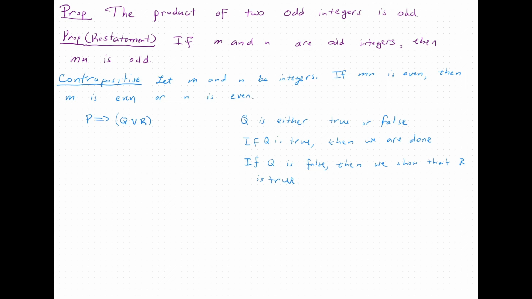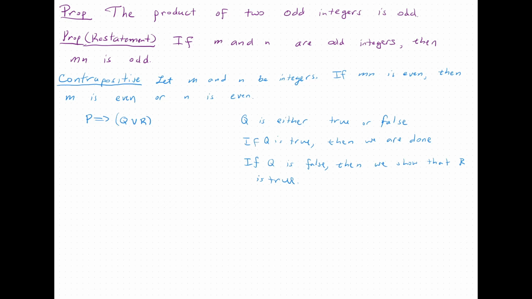And then we're done. And so the key idea here, when proving a statement like this, is that we may assume that Q is true, and we get one case for free. And so the other case that remains is a situation when Q is false, and then we show that R must hold, since that would give that the implication is in fact a true statement.